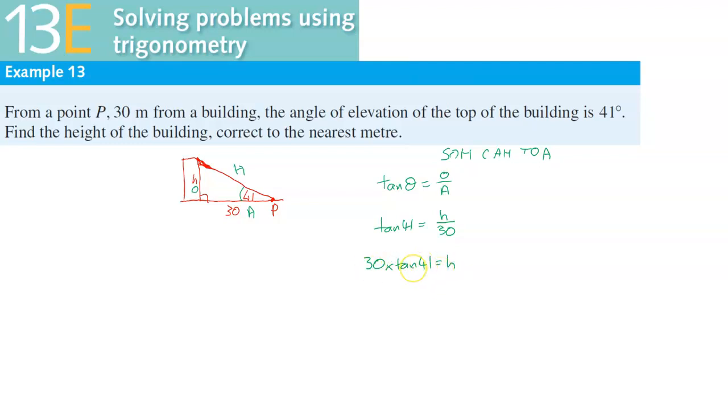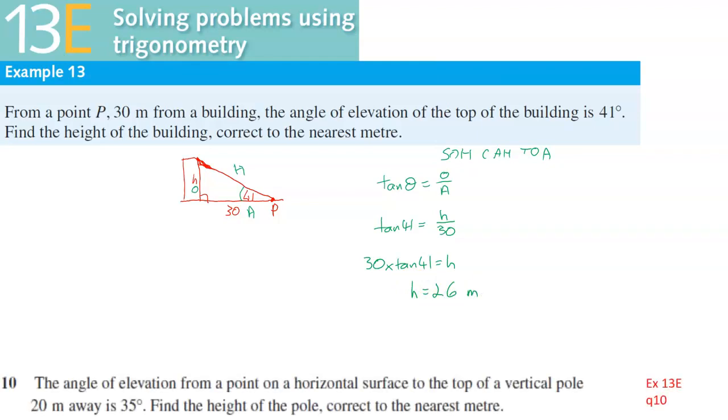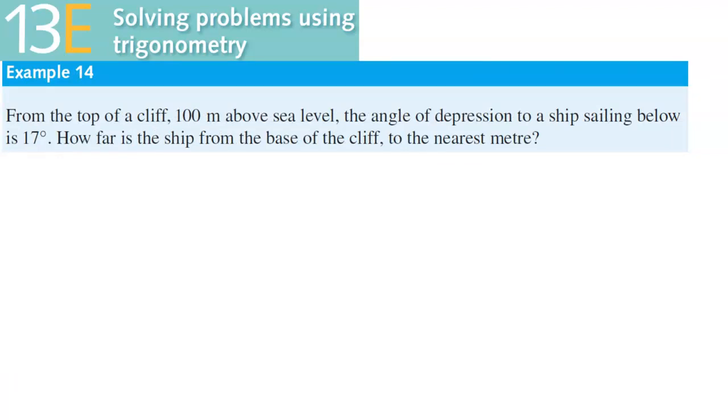And then put this into my calculator, and to the nearest meter I get h equals 26. Pause the video now while you have a go at question 10. Here is your answer, and I'll give you a moment to read the next example.